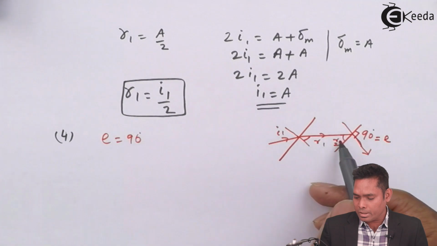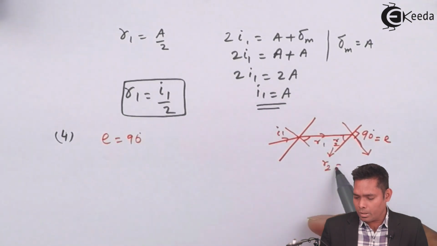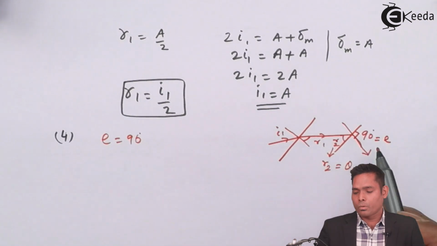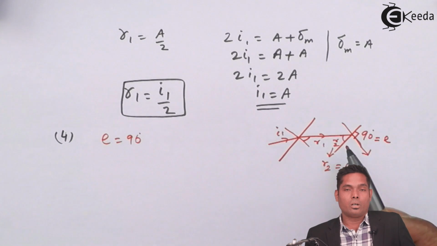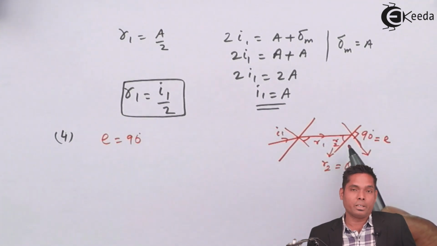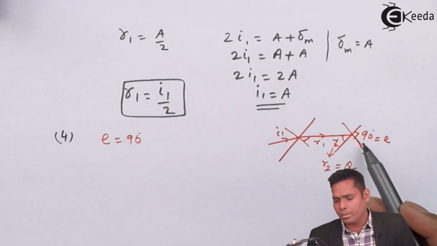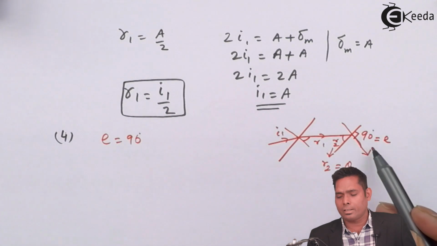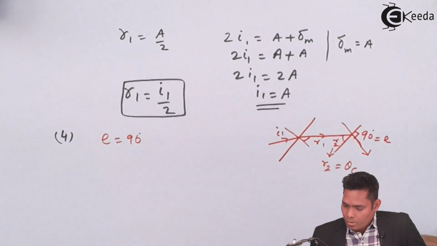Then R2 should be the critical angle, because when the ray moves from a denser medium and is incident at the rarer medium at an angle of incidence equal to the critical angle, the refracting angle at that time is 90 degrees.